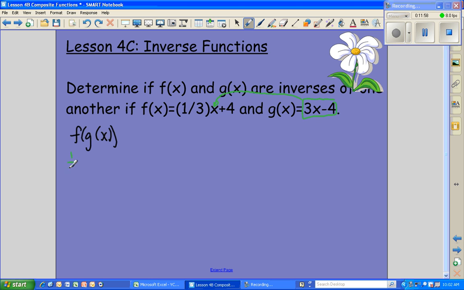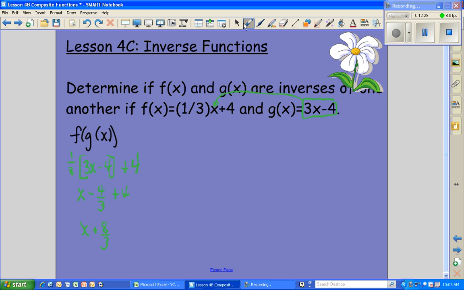So that's going to be 1/3 of 3x minus 4 plus 4. So 1/3 of 3x is x. 1/3 of 4 is negative 4/3. And then we add 4 to that. 4 is the same thing as 12/3, so you're going to get x plus 8/3.